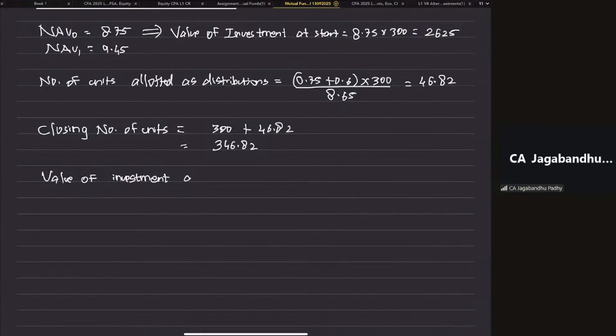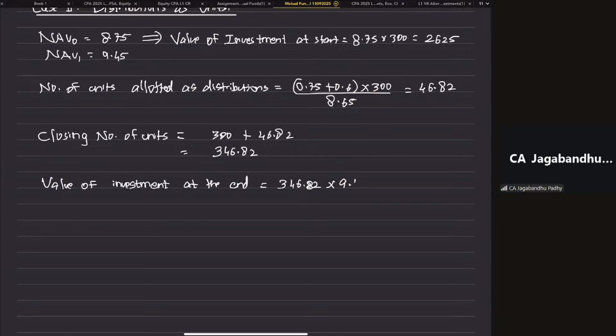Value of investment at the end is 346.82 multiplied by 9.45. Yes. So what's the value of investment at the end?